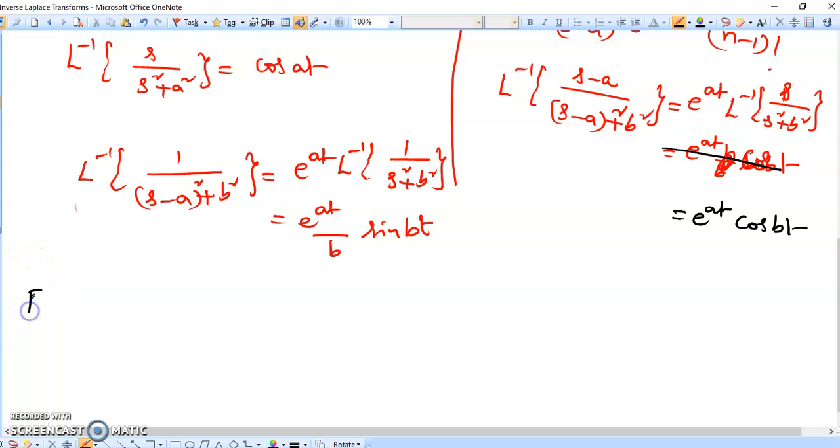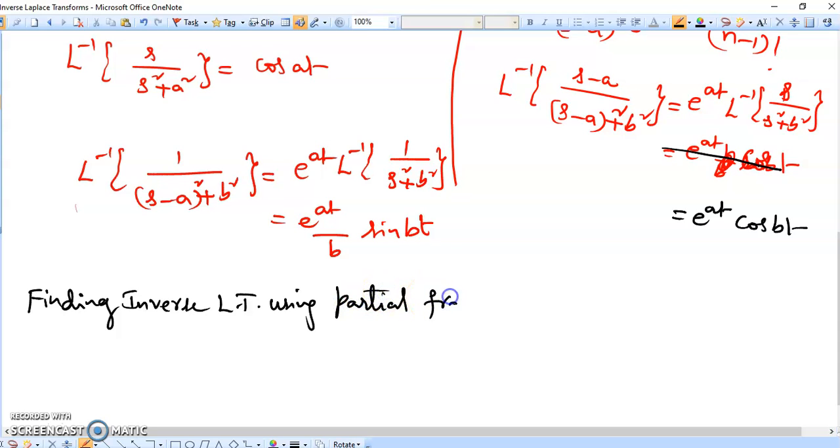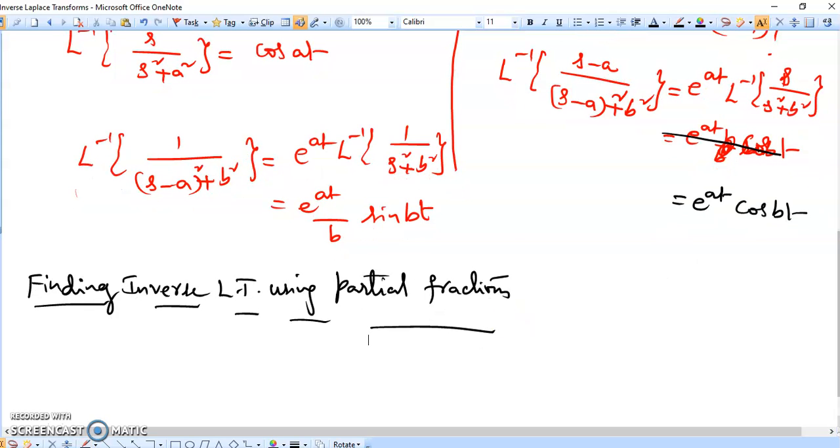Let us look at this: finding inverse Laplace transforms using partial fractions. Let us find the inverse Laplace transforms using the partial fractions technique.